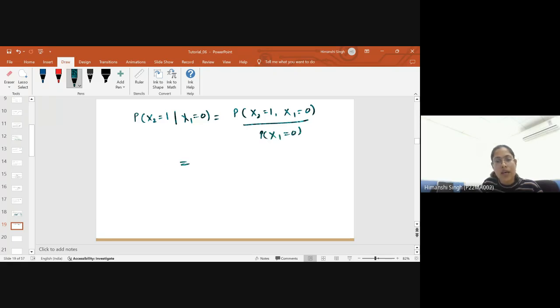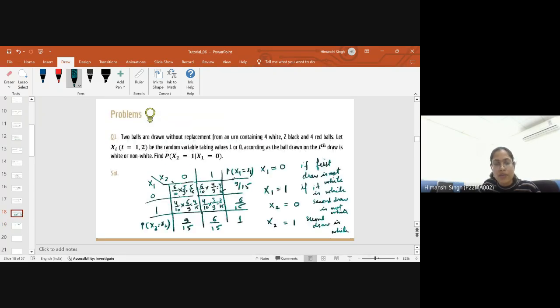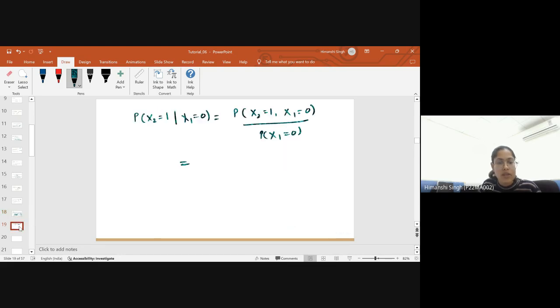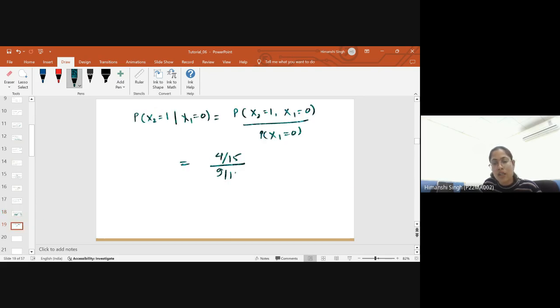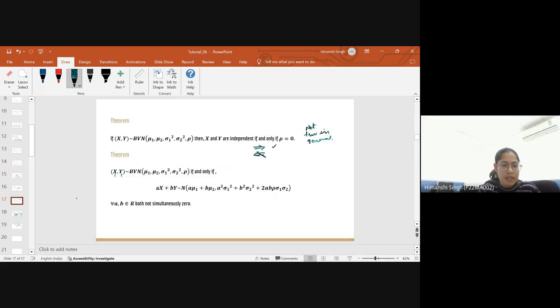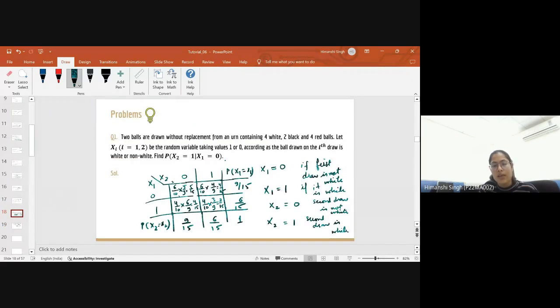From the table, x2 is 1 and x1 is 0, so it is 4 by 15. And probability x1 is equal to 0 is 9 by 15. So this is nothing but 4 by 9. So this is basically the asked question, the probability that x2 is 1 given x1 is 0.